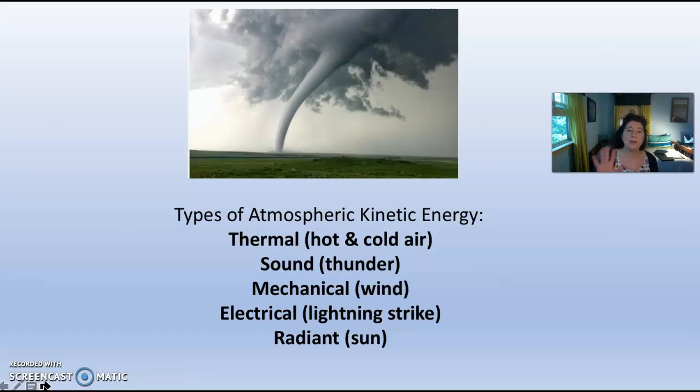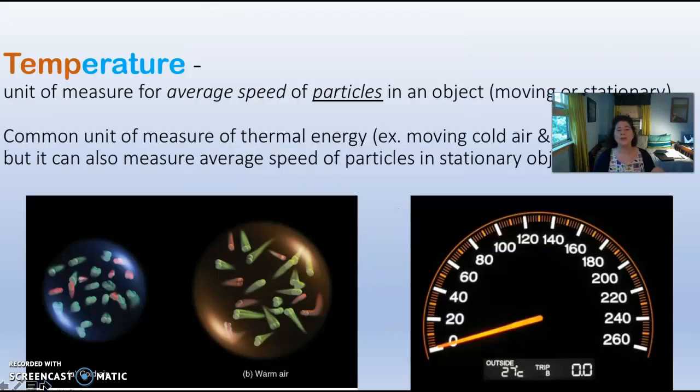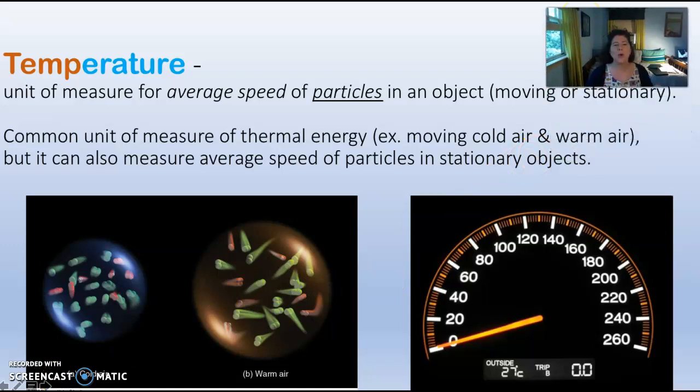So there's several different types of kinetic energy, and you should know, and this is an important point, that when we talk about kinetic energy, we can talk about temperature and a type of kinetic energy, thermal energy. But let's go back to what temperature is first. Temperature, again, is the unit of measure of the average speed of the particles in the object.